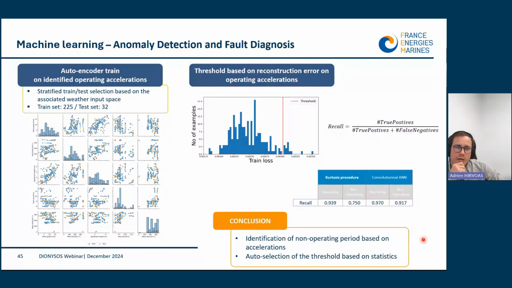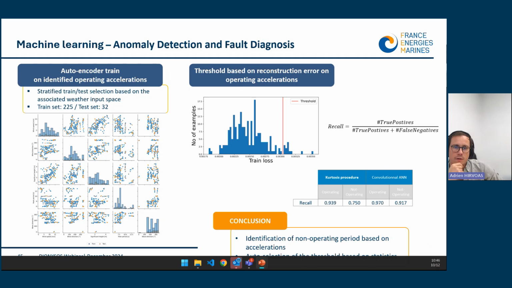So to train our autoencoder, our deep learning model, we had to efficiently stratify our input space. So we perform a stratification of our database based on the input weather space.